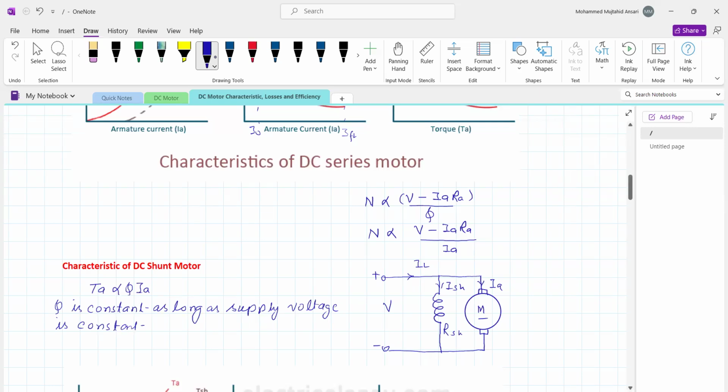So we can say that, therefore, armature torque TA is directly proportional to armature current. So this is the relation.